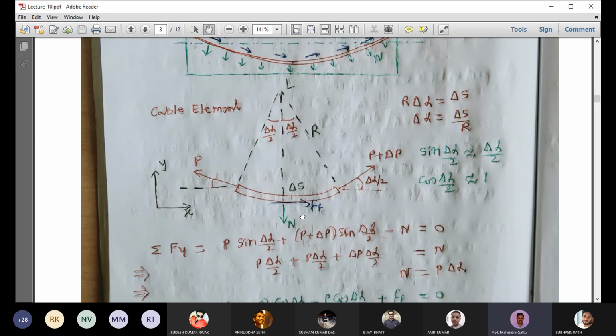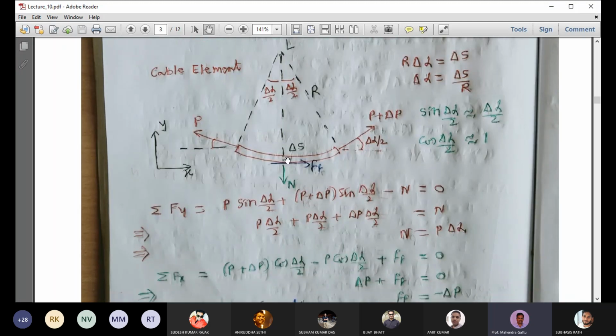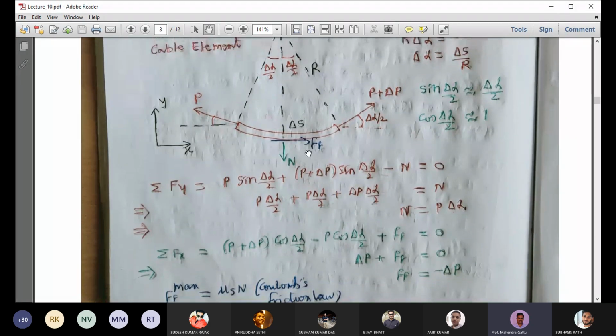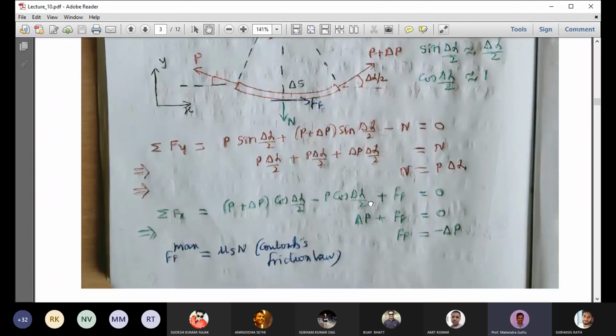We write sigma Fx and sigma Fy for equilibrium in the x and y directions. In the y direction we get N is equal to P d alpha. In the x direction, we simply get that the loss of force, the pre-stress in the cable, is equal to the friction force, so Ff is equal to minus dP.